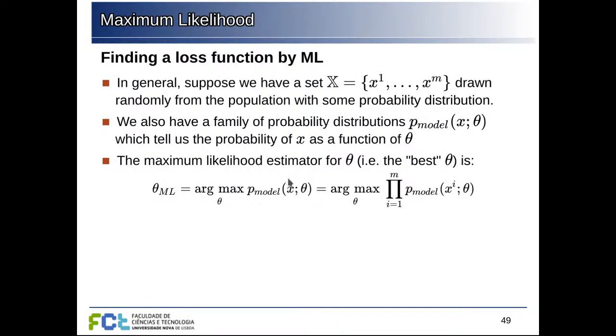Now we want to find the maximum likelihood estimate for the set of parameters by maximizing the probability of the data that our model is estimating with those parameters.